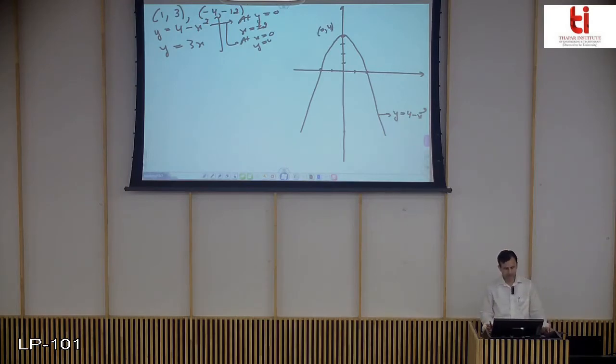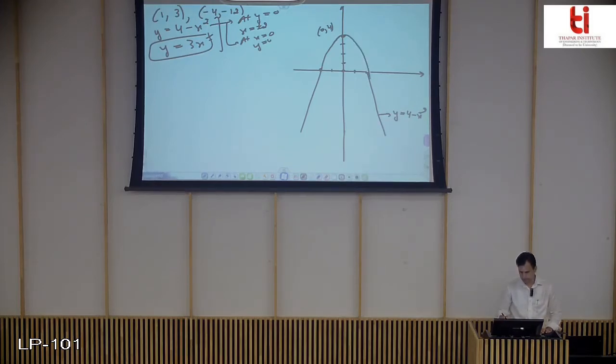Now the line y equals 3x. At x equals 0, y is 0. At x equals 1, y is 3. Let me draw the parabola a little better.